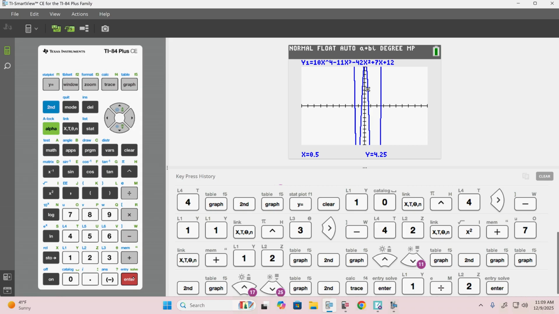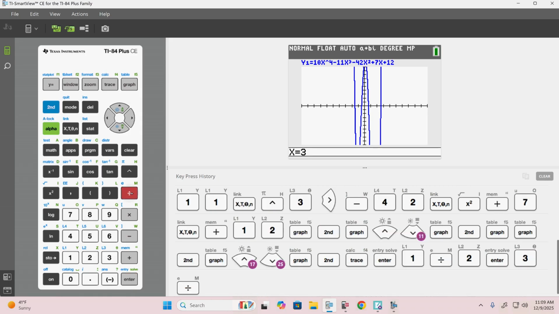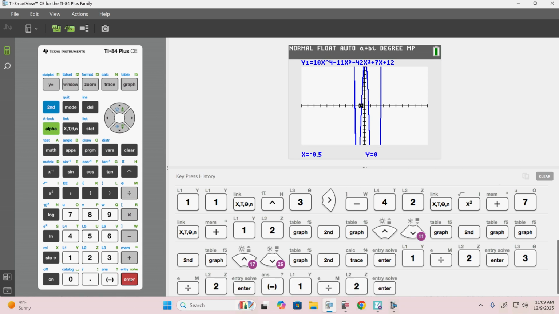3/2. So the nice thing is, and this is interesting, I found this out today, once we do second trace value the first time, we don't have to do it again. I can say 3 divided by 2. It'll let me try it again. 3/2 is -58.5. Well, because it is positive negative, yes?